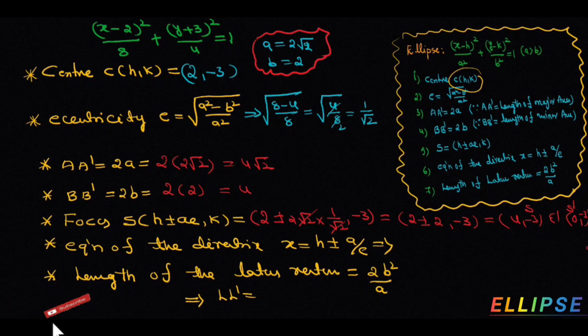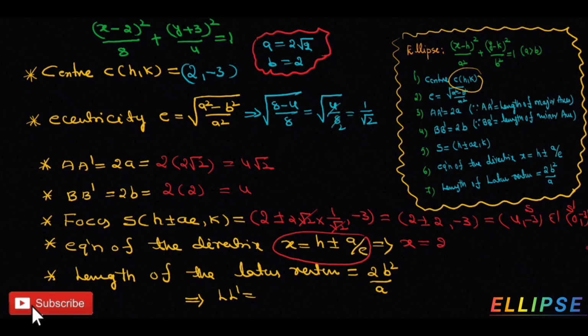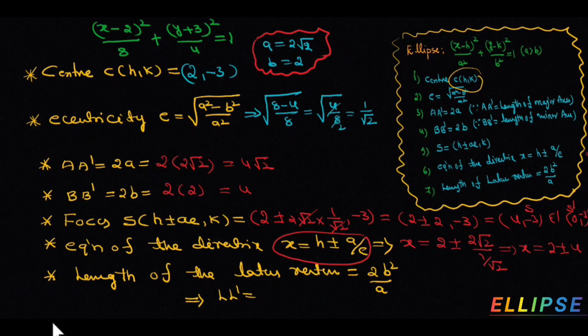Next, the equation of the directrix is x equal to h plus or minus a by e, so x equal to 2 plus or minus 2 root 2 by 1 by root 2. Then we get x equals 2 plus or minus 4, so x equal to 6 and x equal to minus 2; both are equations of the directrix.